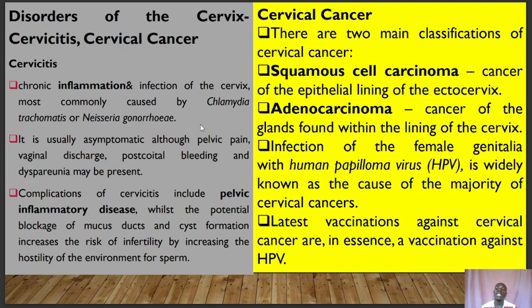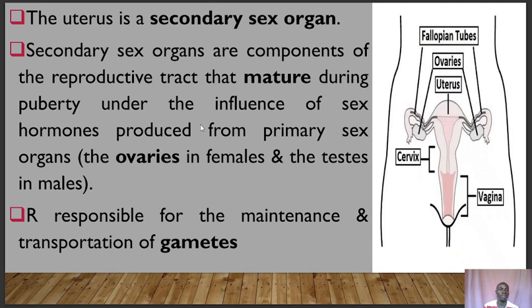Infection of the female genitalia with HPV, human papillomavirus, is widely known as the major cause of the majority of cervical cancer. But thankfully, we have the vaccination that we have already mentioned: female teenagers need to be vaccinated using the HPV vaccines.